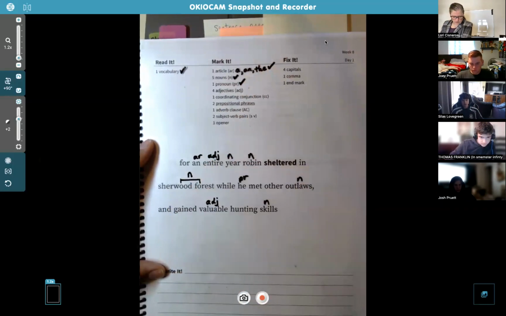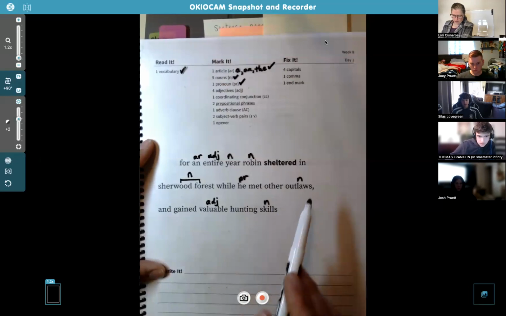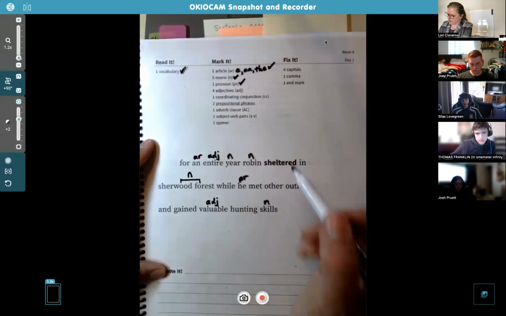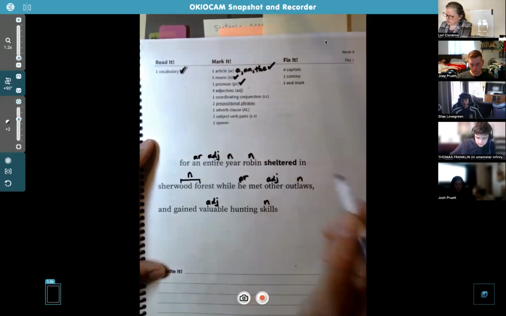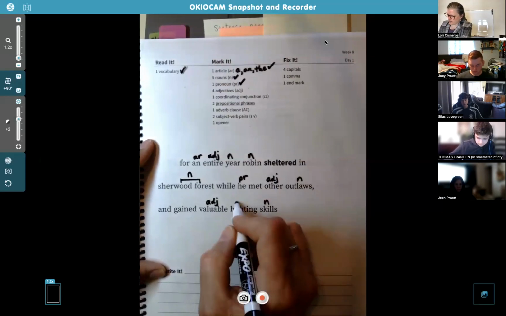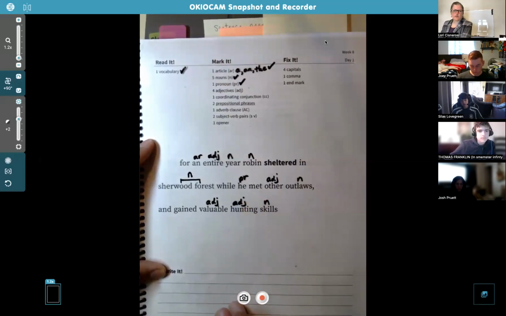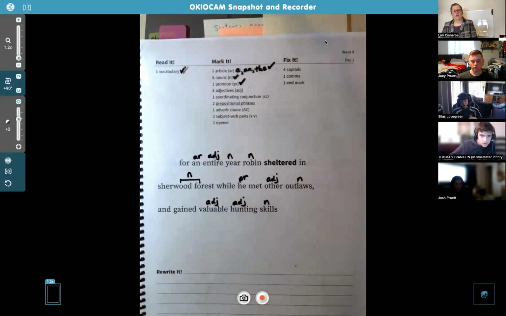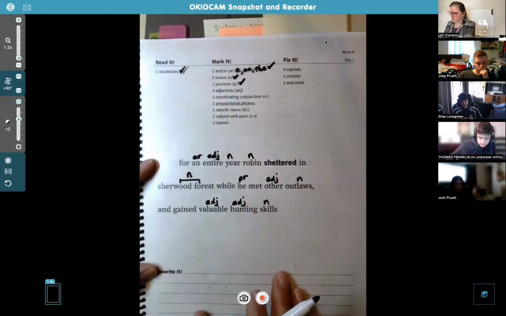Not for. Look at these 2 nouns, they have more adjectives. Other, yes, and then hunting. Yes, you got it. Hunting is one of those words that could be a verb, but in this sentence, it's used as an adjective describing this type of skills.